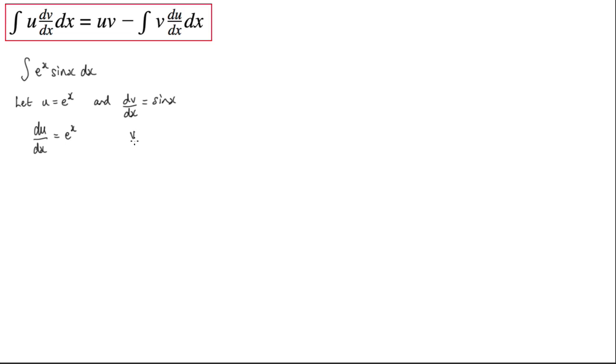Now I need to integrate this to get v, and v is the integral of sine x, which is negative cos x. Also, we'd have a plus c for the constant of integration, but we can leave that to the very end.